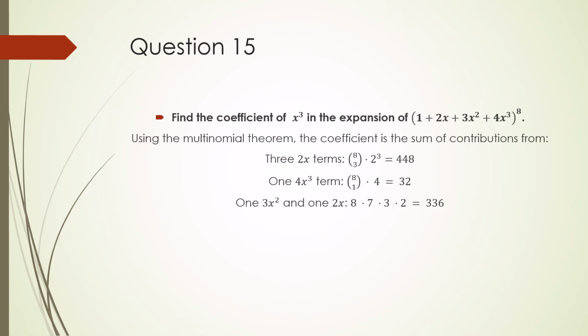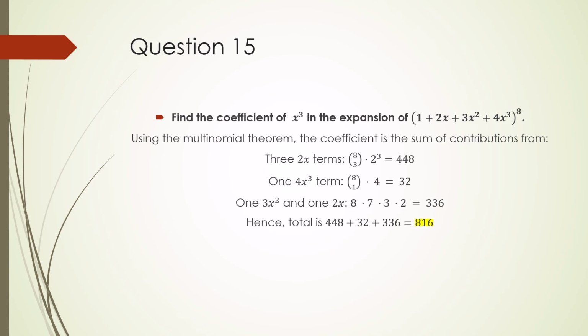The coefficient from 3x squared is 3, and the coefficient from 2x is 2, and therefore the total contribution to the coefficient of x cubed in this case would be 8 times 7 times 3 times 2, which is equal to 336.